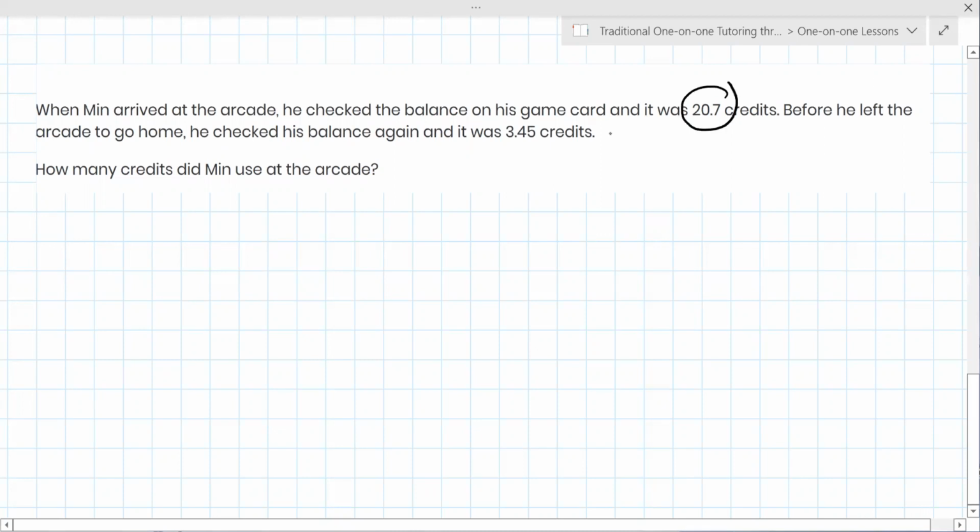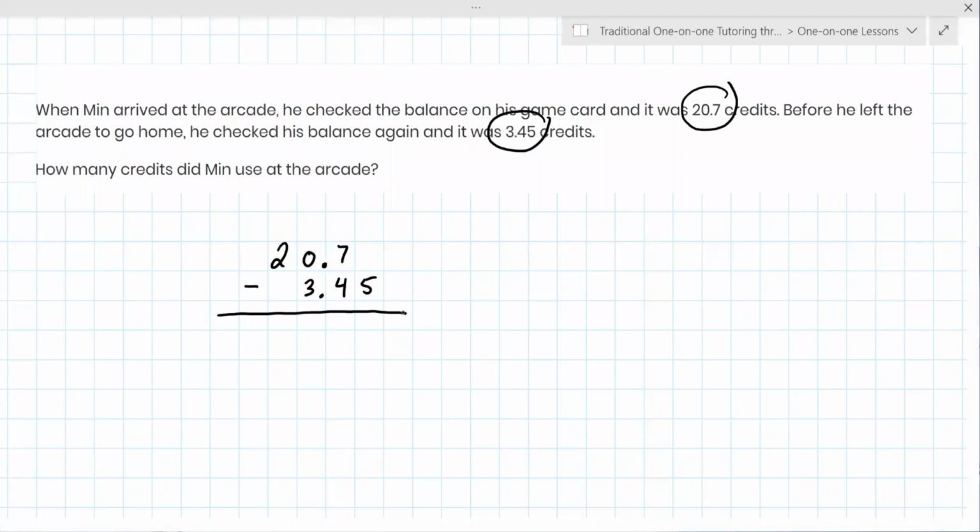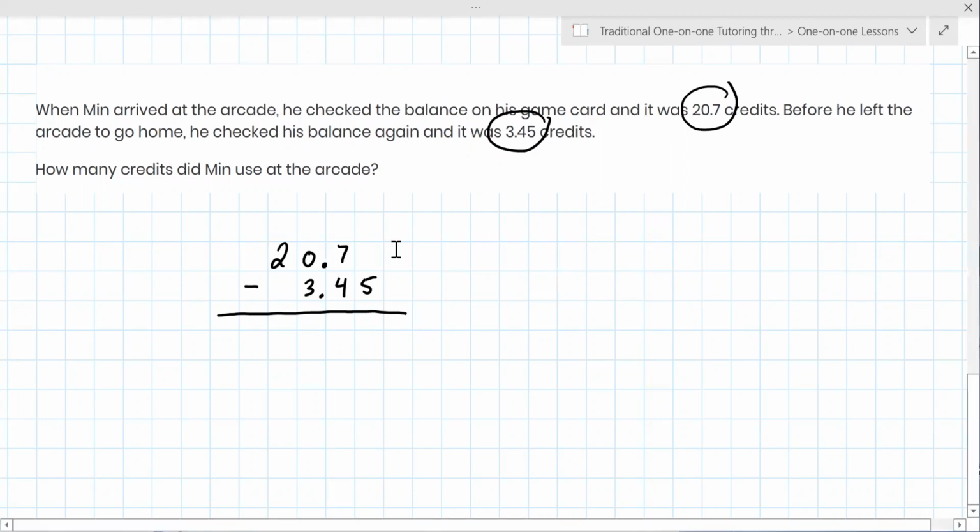Very good. So you mentioned that you take the larger number and subtract the smaller number. That is true. You do want to line up the decimals when you're adding and subtracting. So go ahead and get this written down. Okay, I got it. Now, do you remember what to put in this vacant spot right here above the 5?